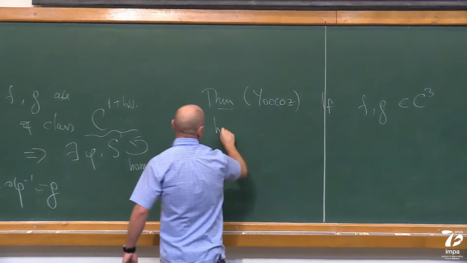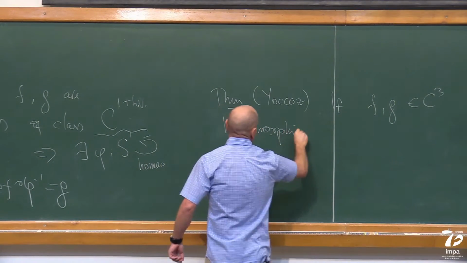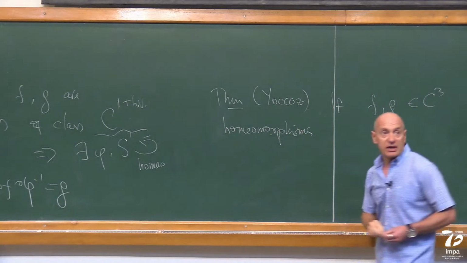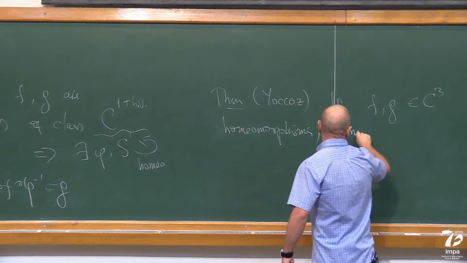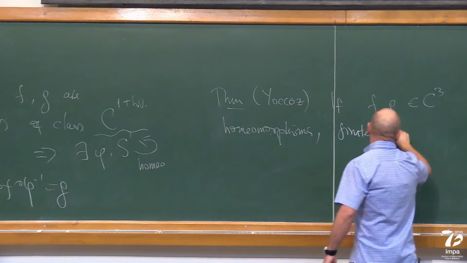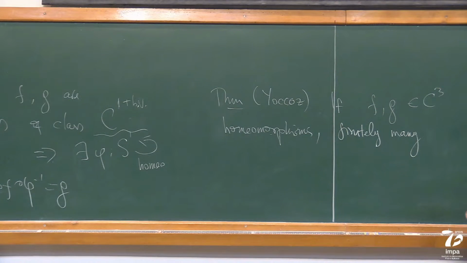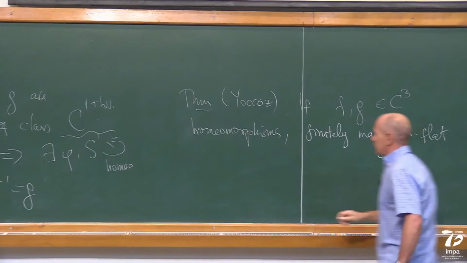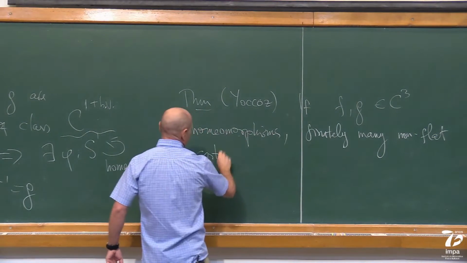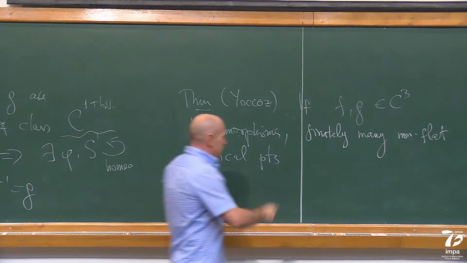And they are homeomorphisms. They can have critical points, but they have finitely many critical points, and all those critical points are non-flat. And then the same is true.